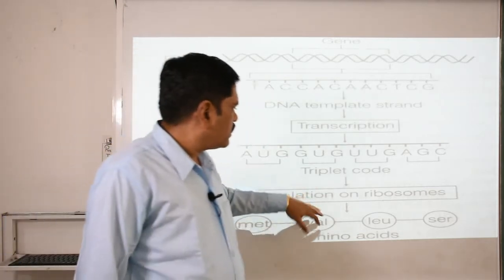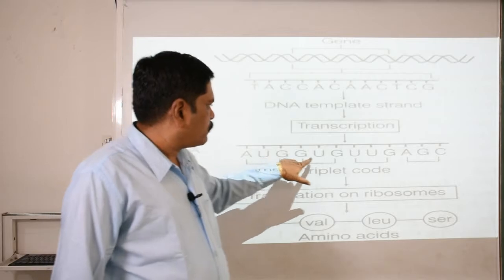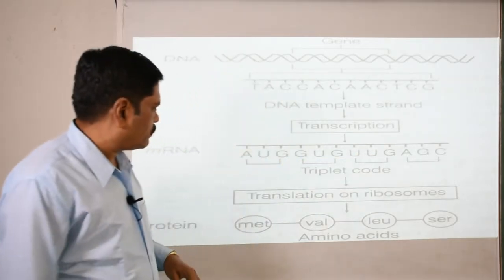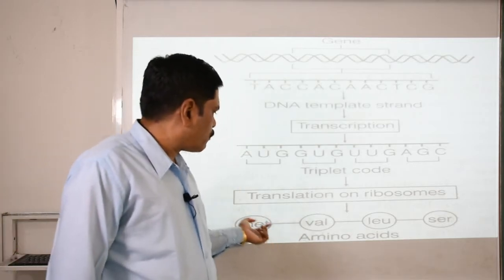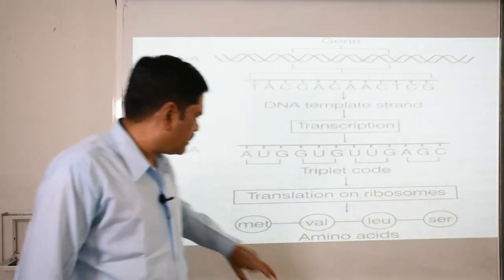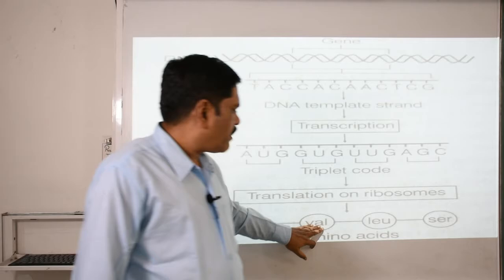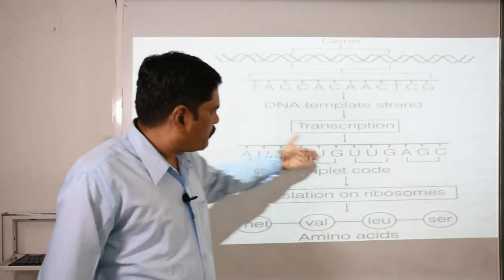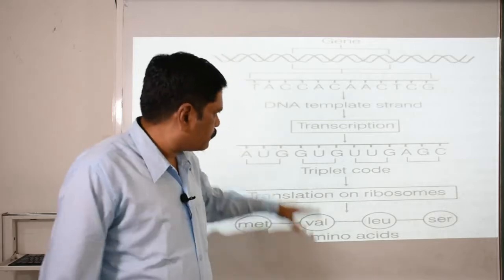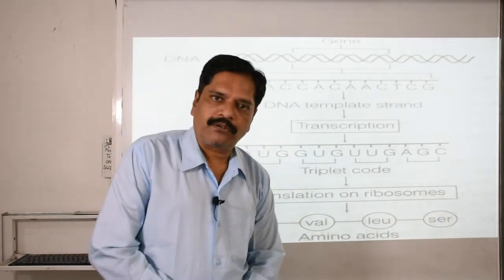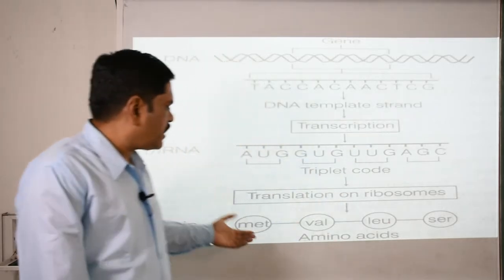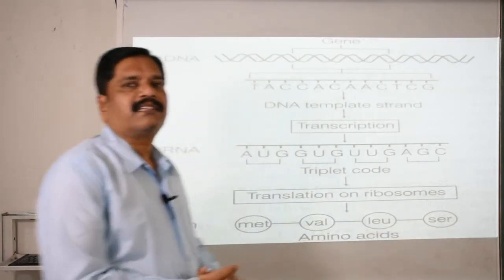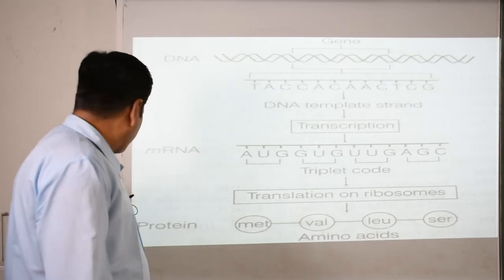Here you can see that this specific group of three, that is the triplet, the codon, is responsible for coding this specific amino acid. Likewise methionine, valine, leucine, serine, okay. So each particular amino acid is coded by a particular codon triplet, and this way a specific series of amino acids is obtained. You can call it a polypeptide chain or it may be a protein, okay.